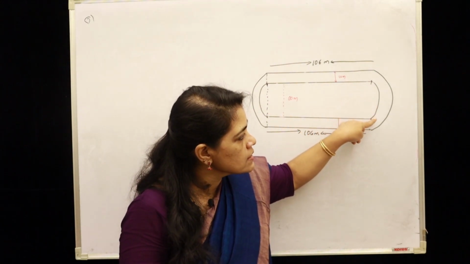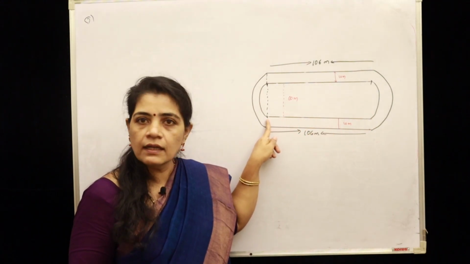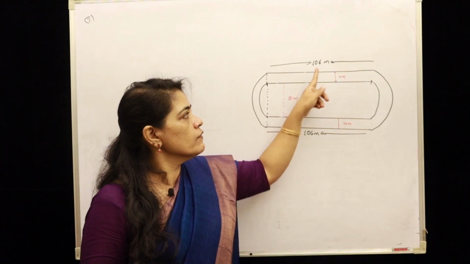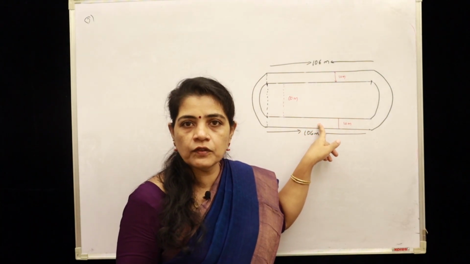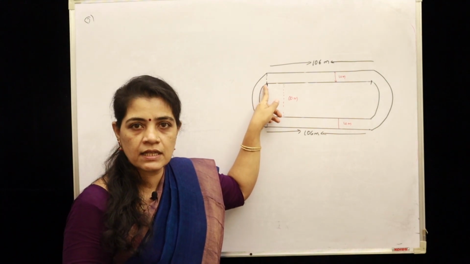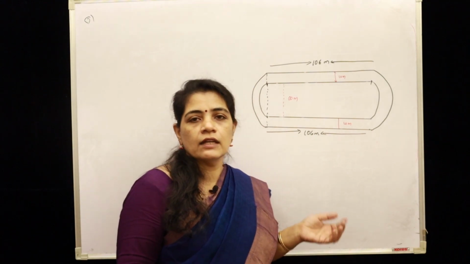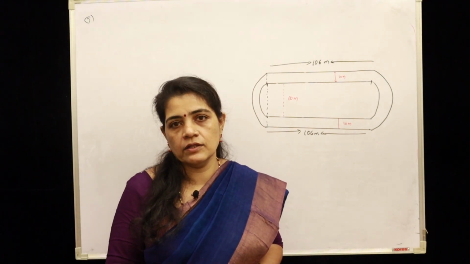Then from this point a straight line equal to the length of the track, and then another semicircular end back to the starting point, and only then will he finish the first round.